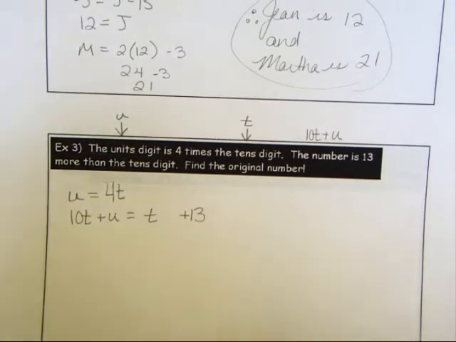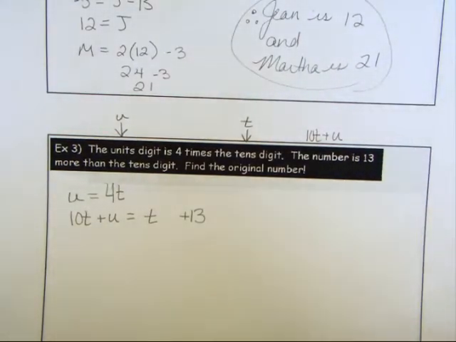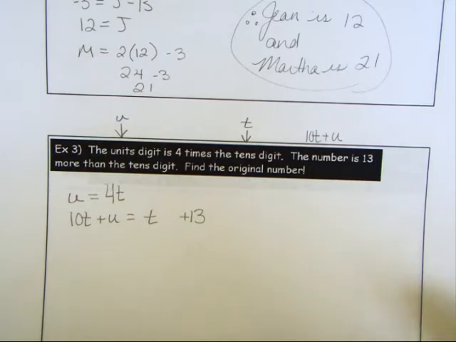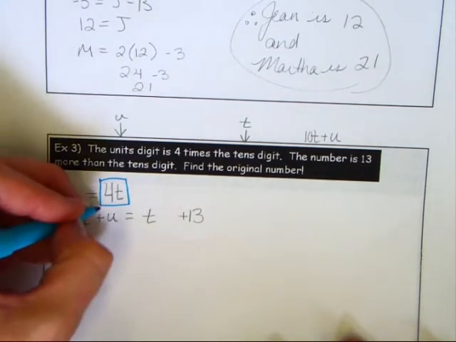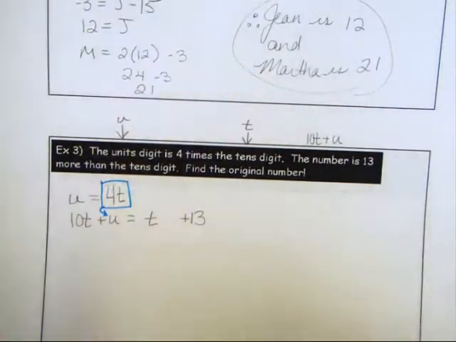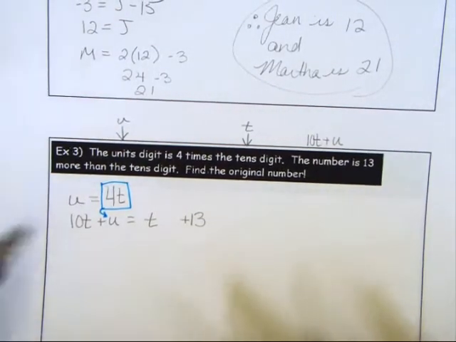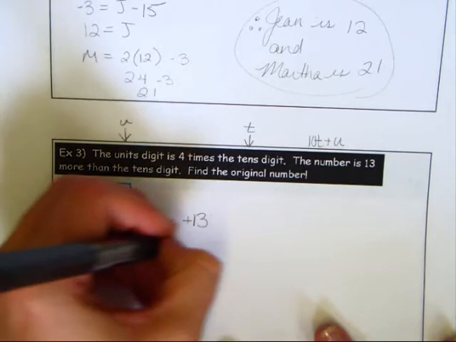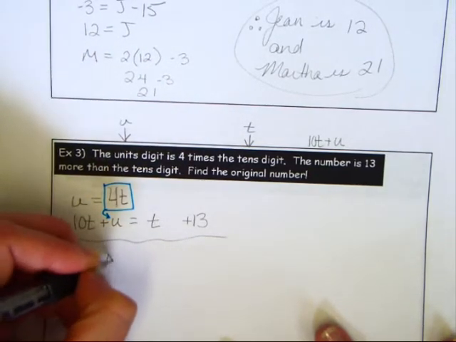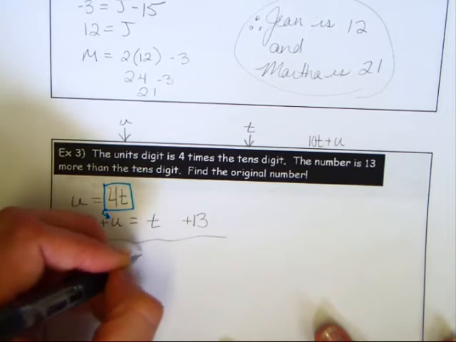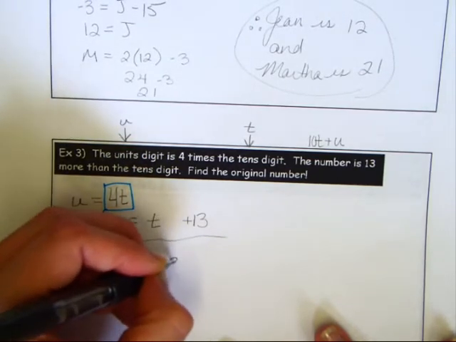Look at what this one really is. What's very easy to use: graphing, substitution, or linear combination? I hope you're thinking substitution. Here we go. The u goes away and 4t goes in. So I get 10t plus 4t equals t plus 13.